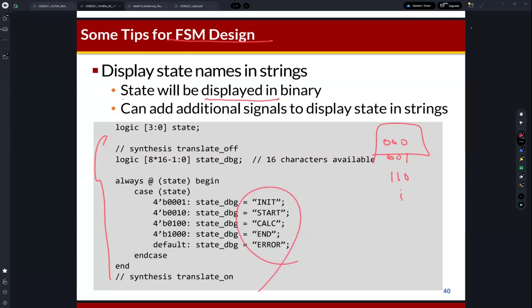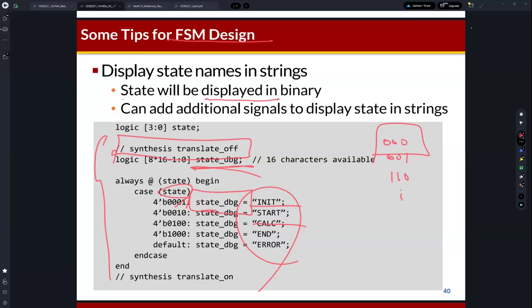You can find that another state variable is defined, and based on the state, the state of the debug represents some state name. If you select the state of the debug in the waveform, you can find the state name in the waveform. But you can also find the synthesis translate off.